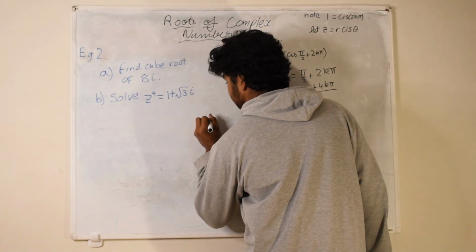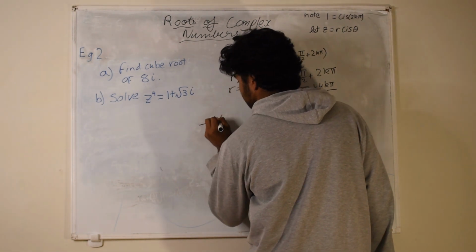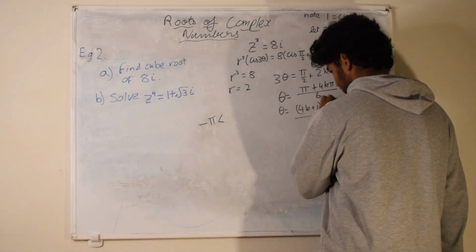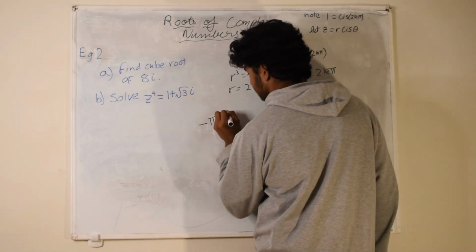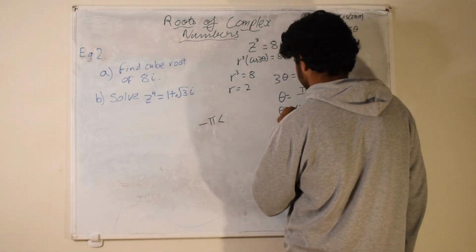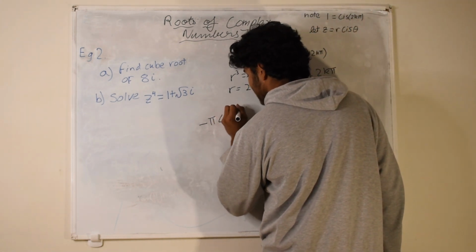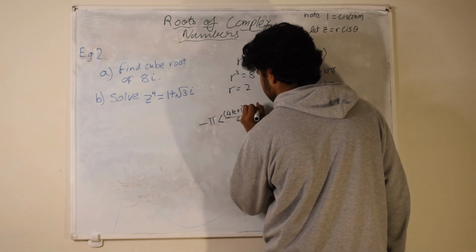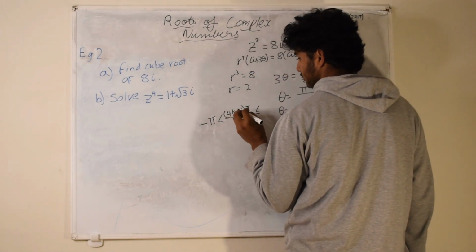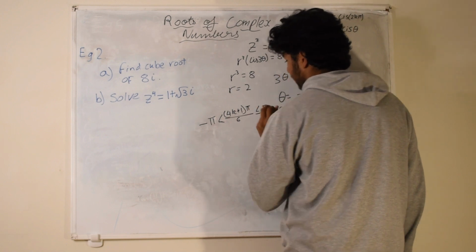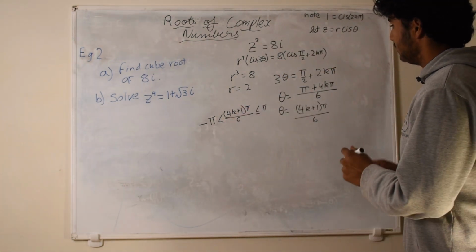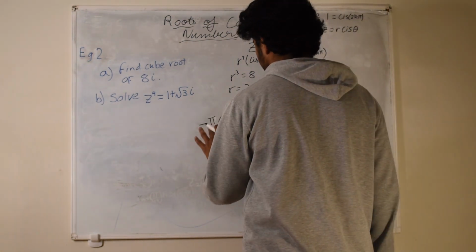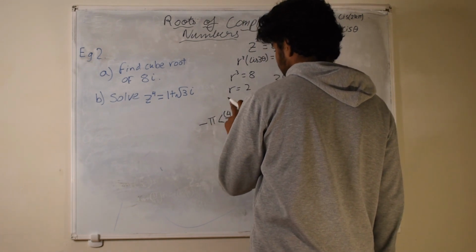So we have negative pi less than this value over here, which is basically the argument. So we've got 4k plus 1 pi upon 6 is less than or equal to, don't forget that, pi. Next step, multiply both sides by 6 and divide both sides by pi.